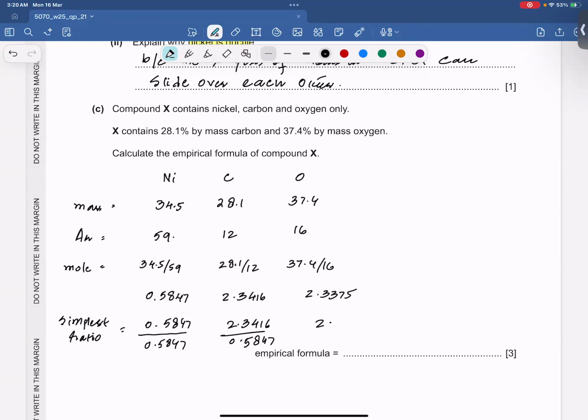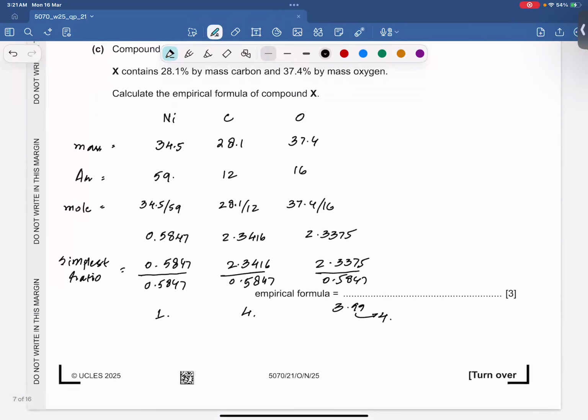Then 2.3375 divided by 0.5847. And this is going to be 1. 2.3375 divided by 0.5847 is going to be 3.99, which becomes 4. 2.3416 divided by 0.5847 is going to be 4.